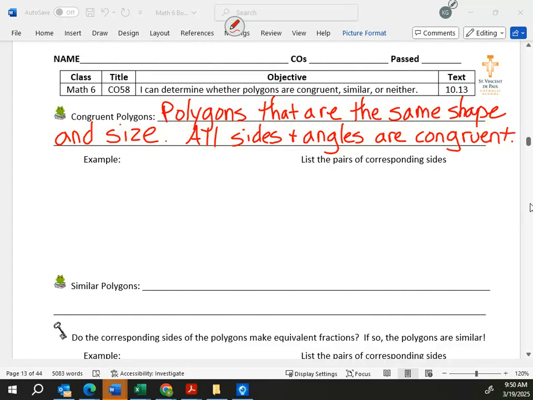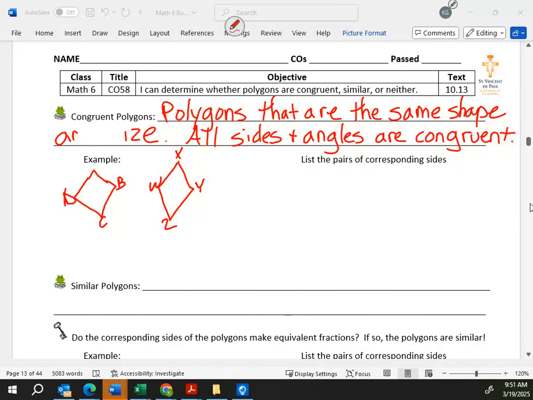So an example would be if we had A, B, C, D polygon, and then we have W, X, Y, Z. I drew them. I didn't draw them looking necessarily identical, but we would know. You know what? I'm going to line this up. I'm going to label it a little bit differently.